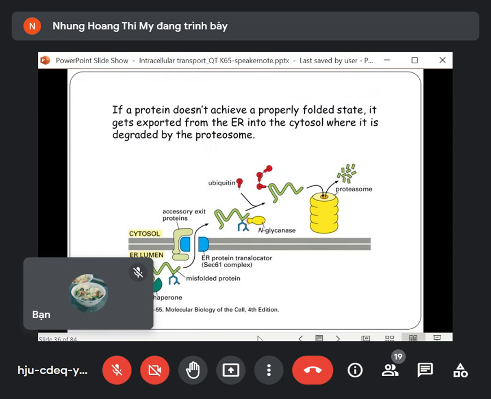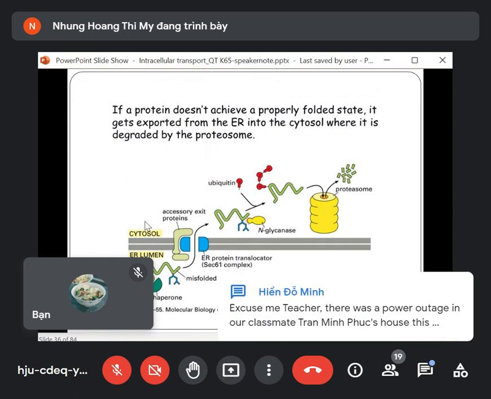And if the protein is mistaken in the folding, the chaperone also helps to repair the folding of the protein.